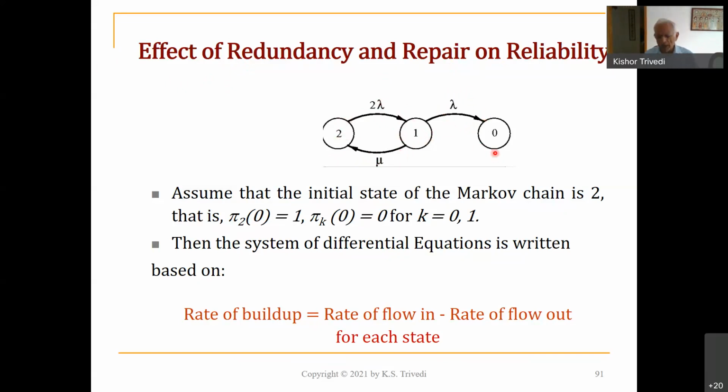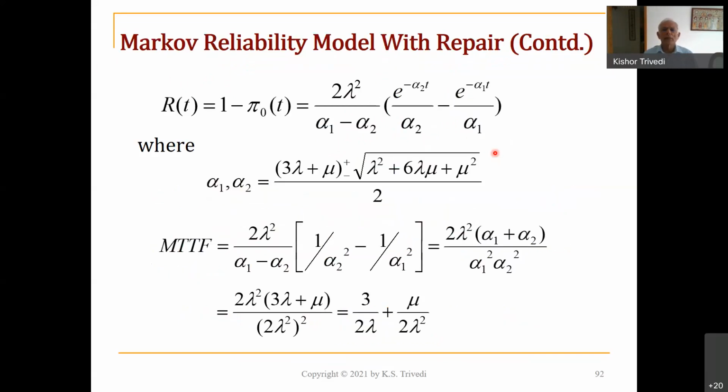And this can be analyzed, and the details are given here. And I can find the expression for reliability of the system where both repair and redundancy are done. And this is the mean time to failure expression for the system with redundancy and repair. Notice that the first part is 1.5 over lambda, which is the effect of redundancy alone. The second part is the added effect of repair with redundancy.